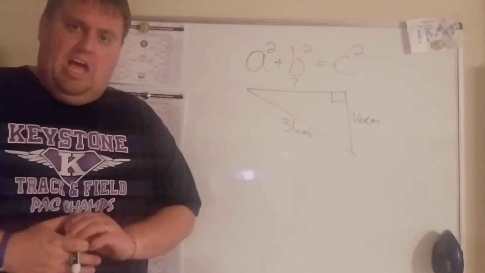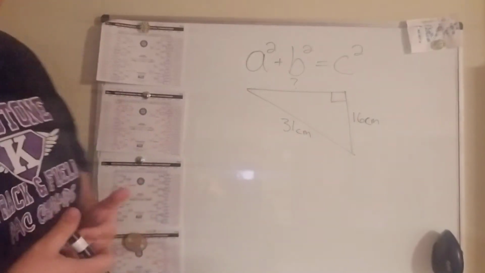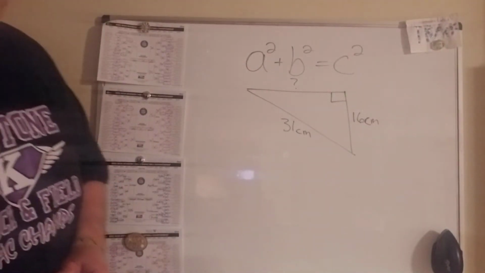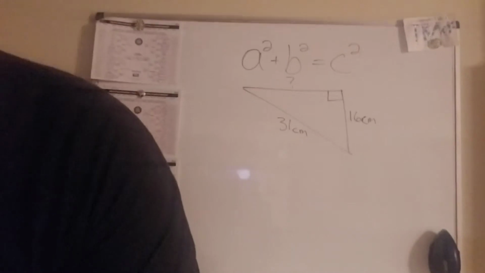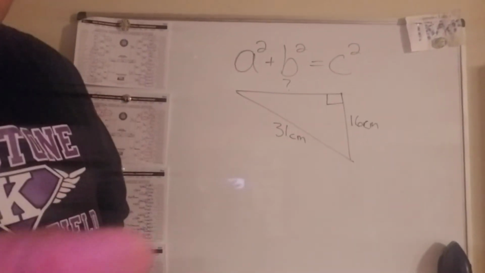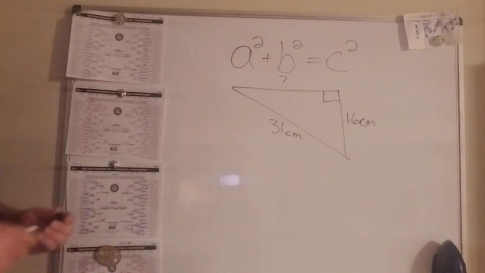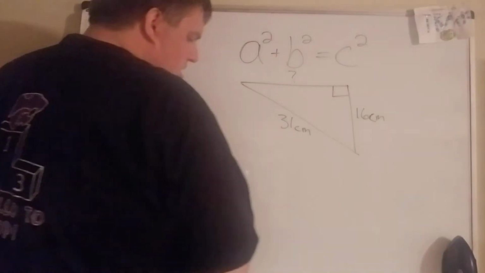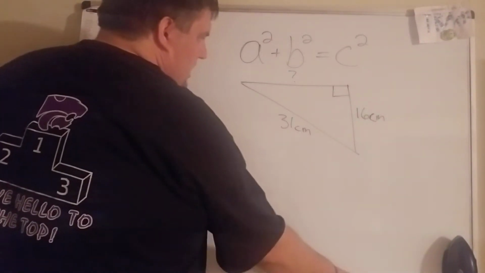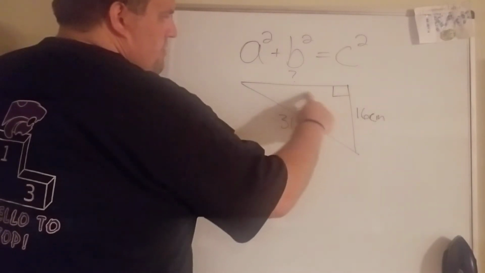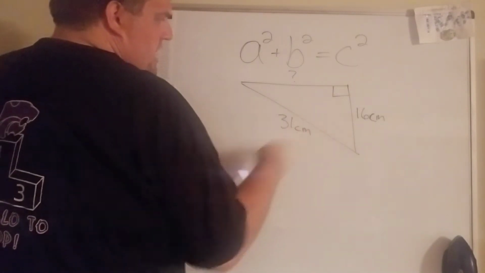So, in this case, we do not know this leg, right? We do know the side that's across from the right angle.